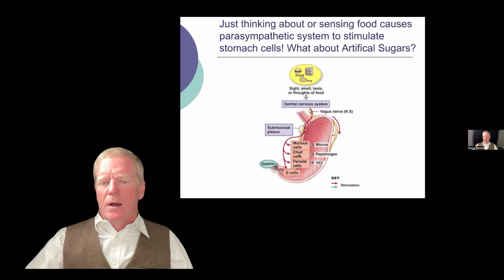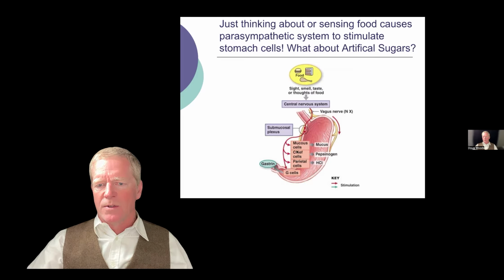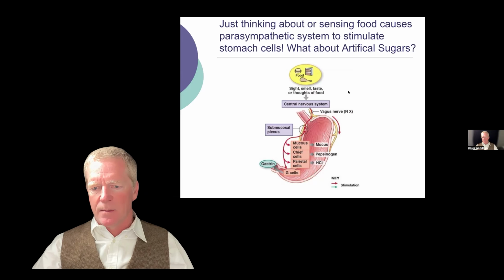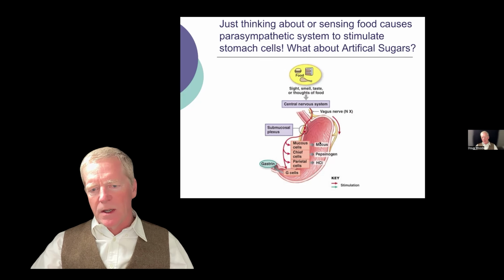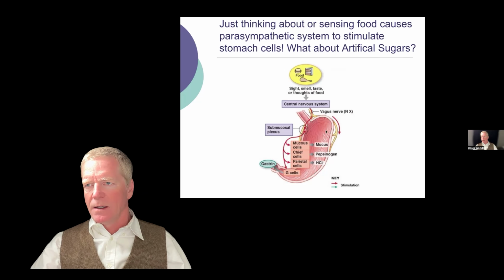At the same time, chief cells, parietal cells, and G cells are producing hormones that will also be secreted into the blood and will also talk to the brain, providing signals of satiety. That means you've had enough to eat. Where these signals can become confused is with signals, for example, from artificial sugars, which may trigger glucose receptors and give the sense that the body has ingested more glucose than it really actually has.